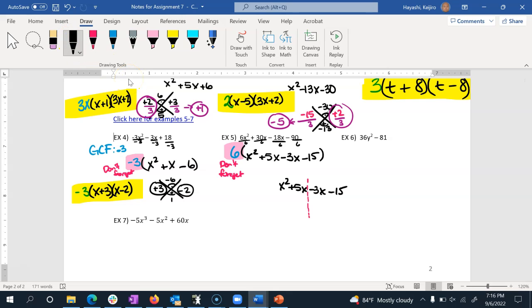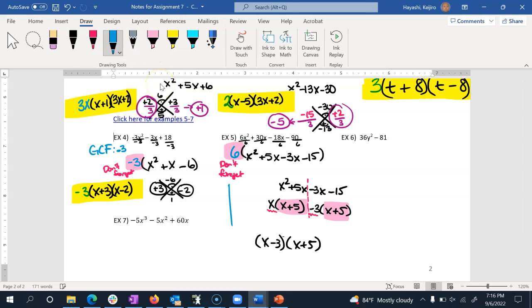Out of here, I'll factor out an x, giving me an x plus 5. And out of this pair, I'll factor out a negative 3, also leaving me with an x plus 5. That tells me some things. One of my factors is this repeated factor of x plus 5. My other factor is the stuff in front, this x minus 3.